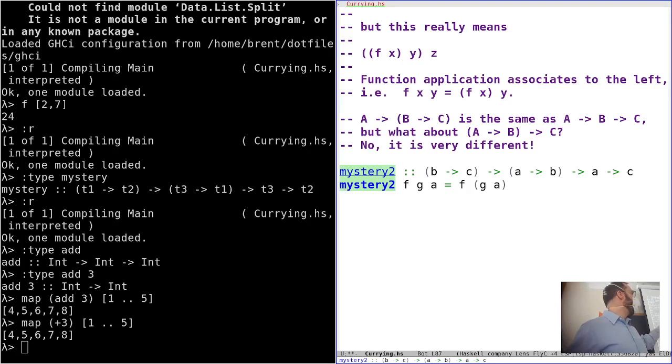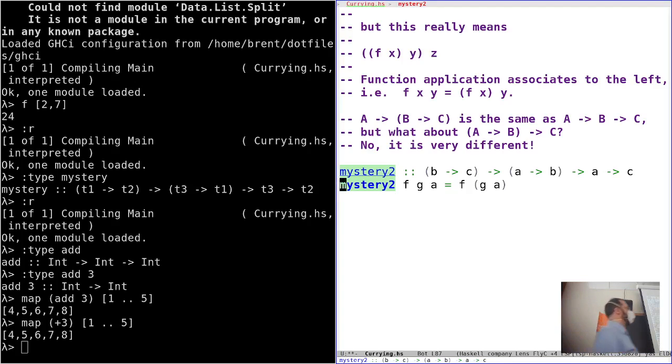Before, I defined it as mystery 2 F G equals lambda whatever, so there I'm explicitly thinking of it in terms of returning a function. But I can also define it this way. I can think of it as taking those 3 arguments and giving me back a C. Those are equivalent, because really what happens is when we write this, it actually translates it immediately into a bunch of lambdas anyway. So it's really exactly the same thing.